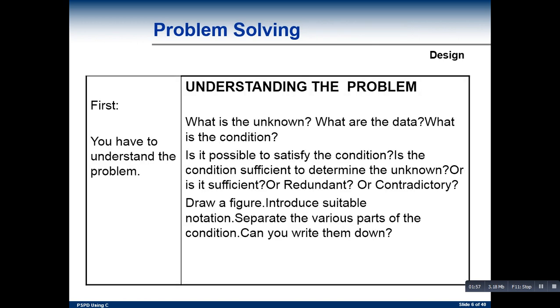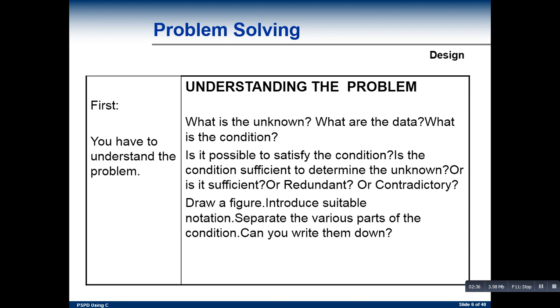Now problem solving, you have to understand the problem. Now understanding the problem: what is known, what is unknown, what are the data, what are the conditions, is it possible to satisfy the condition, is the condition significant to determine the unknown, or is it insignificant or redundant, and also are they contradictory?